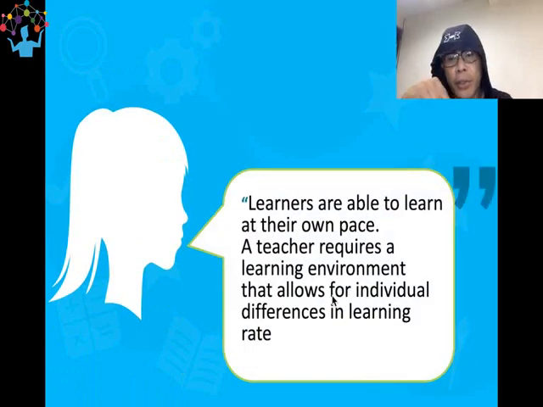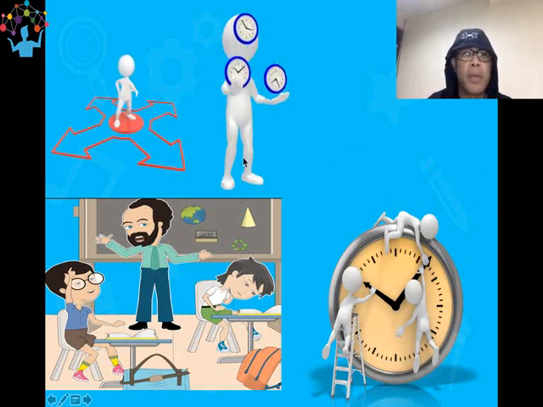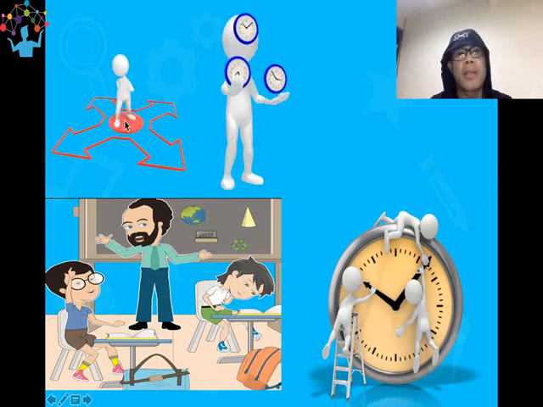And learners are able to learn at their own pace, at their own time. A teacher requires a learning environment that allows for individual differences in learning rate. So similar to biological theory, behavior theory also embraces individual differences, in terms of how they handle time and how they look at things.